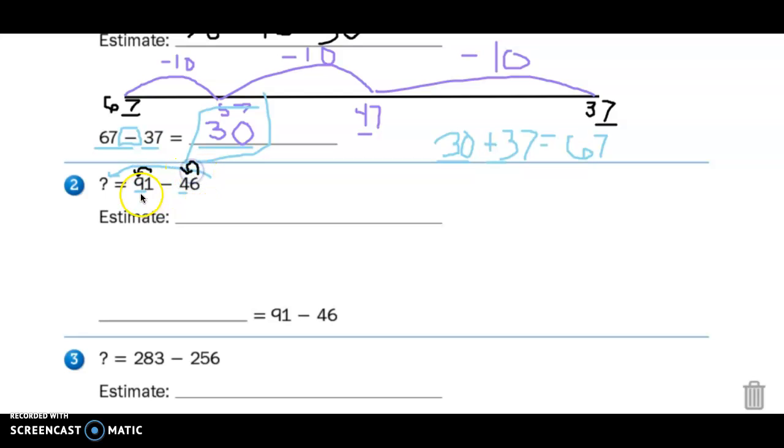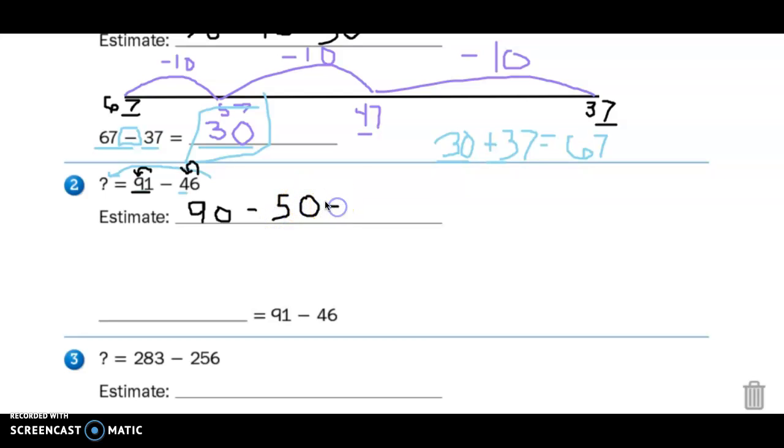Is the 9 going to stay the same, or is it going to make 10 and go up to 100? Well, 1 is 4 or less, so we let the 9 rest. That means 9, and anything rounding after becomes a 0. Take away what? Is 6 4 or less or 5 or more? Well, 6 is more than 5, so 5 or more, we raise the score. 4 plus 1 more becomes 5, and anything after becomes a 0.